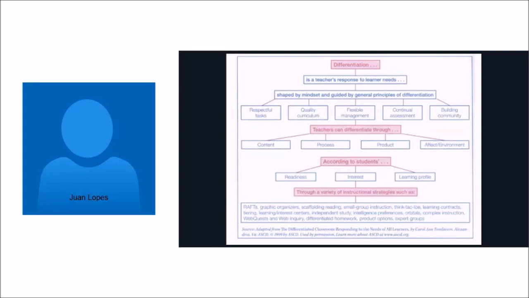This table comes from a book. You can see the reference down here. It was adapted by Carol Tomlinson. She wrote a book with Sousa called Differentiation and the Brain, and they connect neuroscience and learning, and that's very interesting. What is important to bear in mind, though, is that we have all of this table, but we start here.